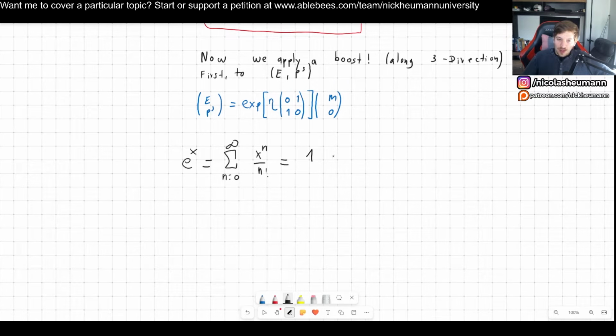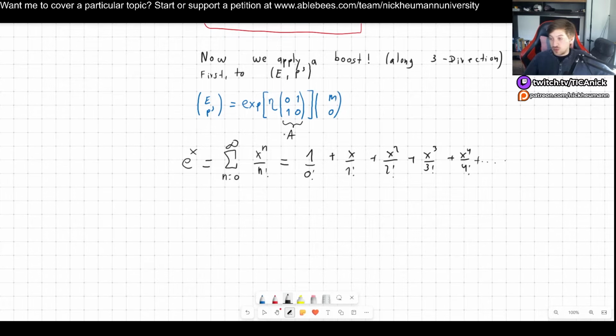That's simply 1 plus x over 1 factorial, then x squared over 2 factorial, plus x cubed over 3 factorial, x to the 4th over 4 factorial, and so on and so on.